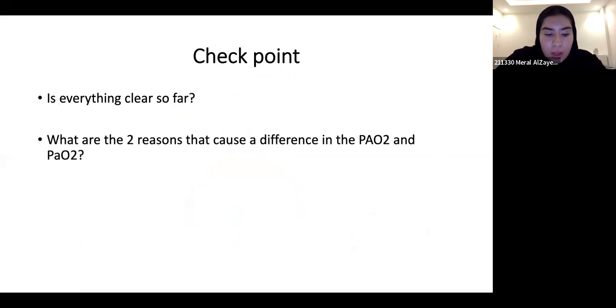And just as a quick recap on this part, a quick question to stimulate your minds. What are the 2 reasons that cause a difference in the PaO2 and not the PaCO2? I think I wrote this question wrong. What I meant to say is, what are the 2 reasons that cause a difference in the partial pressure of arterial oxygen and not carbon dioxide?